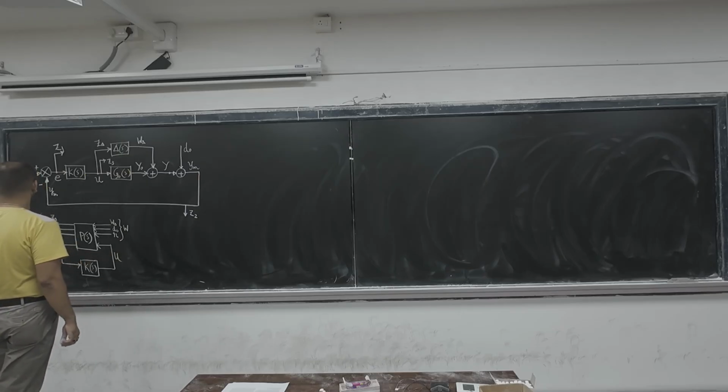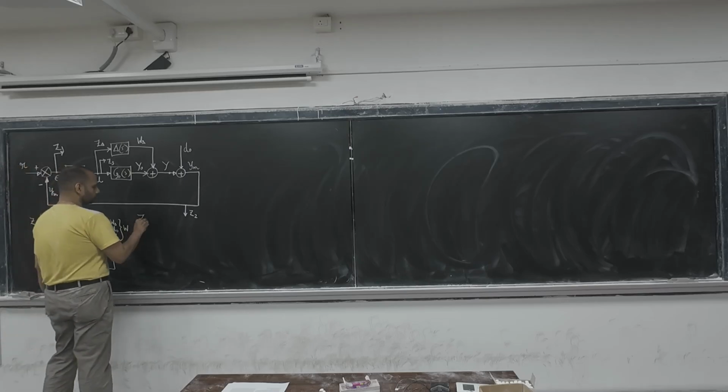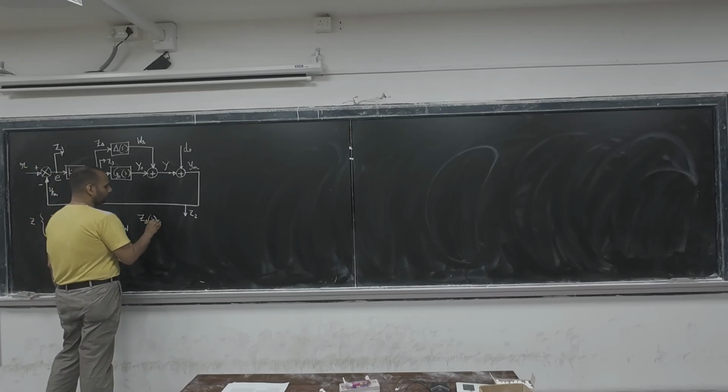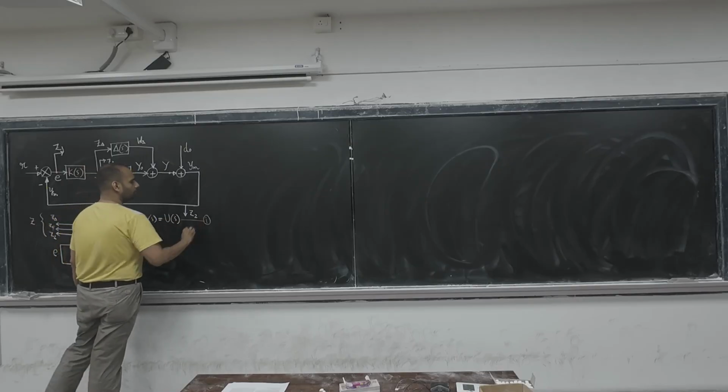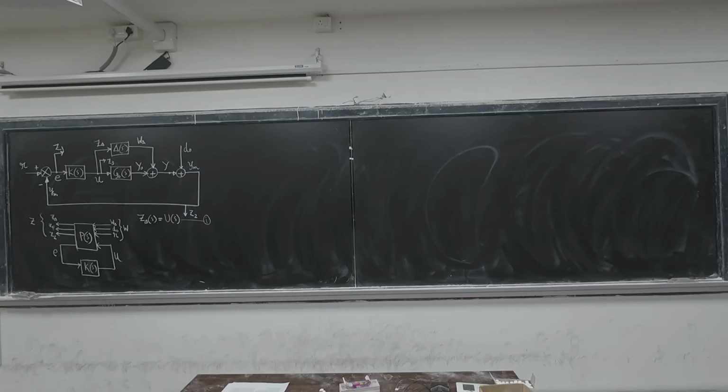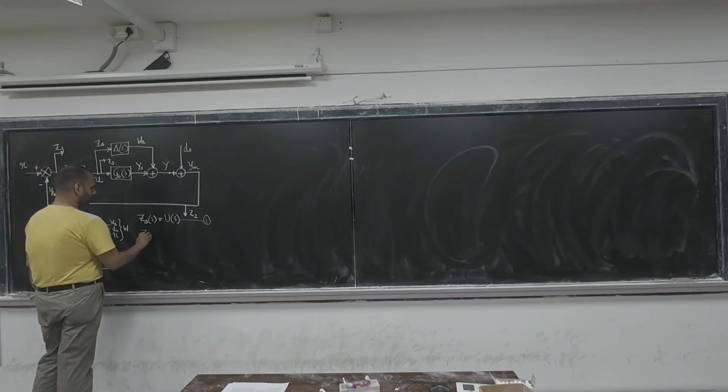First of all, here what I need is Z delta of S, that is U of S. Fine, we don't have any problem with that. Directly we are getting U. Then after that Z1, right? So what is my Z1 of S?